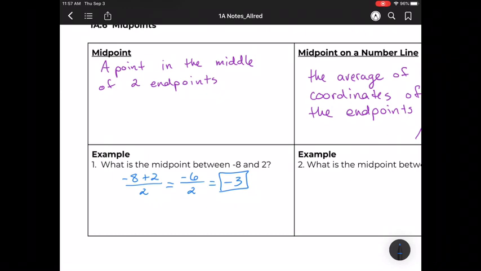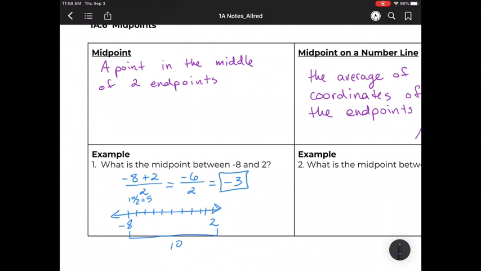Now, you can also think of how this would look on a number line. Okay, so if I've got -8 all the way over here and +2 all the way over here, these are 10 apart. If I take that 10 and I cut it in half, I get 5.